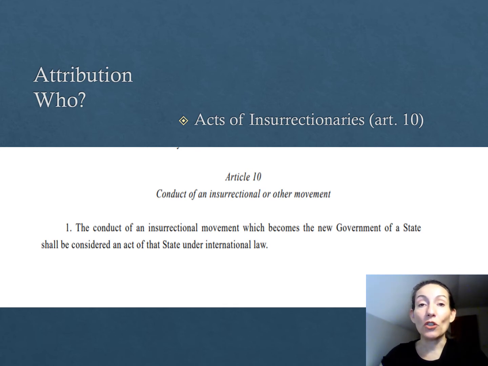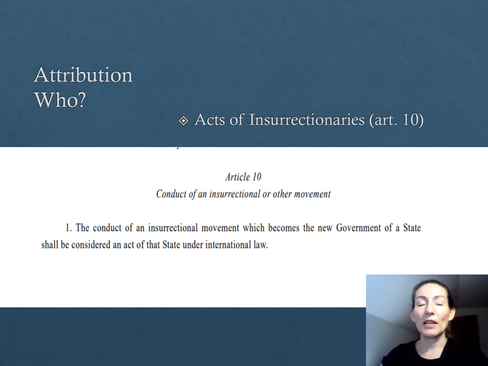The state is normally not responsible for damages caused by mobs or insurrections or civil wars in its territory that may cause, nonetheless, damage to another state or international organization, unless it does not do what is in its hands to prevent or stop the damage, or if it endorses the action that caused the damage. We'll see a bit more about this in a minute, when looking at the kind of conduct that may raise international responsibility.